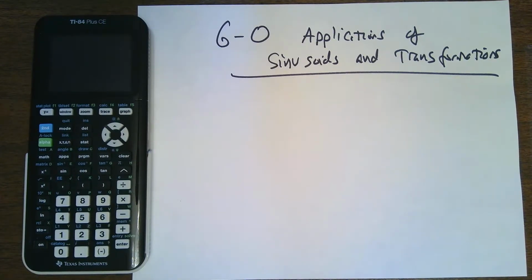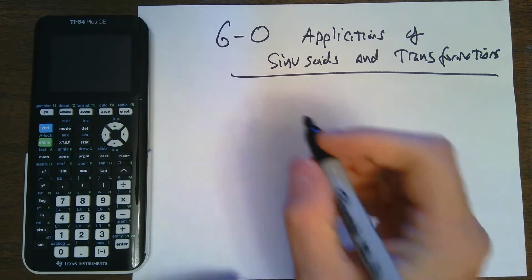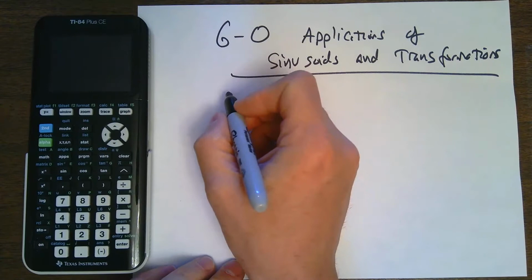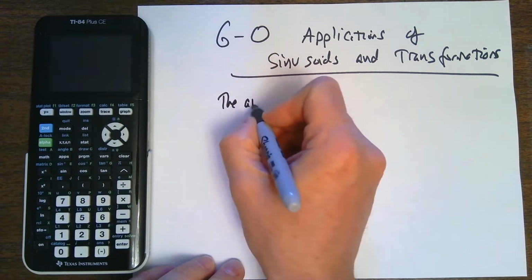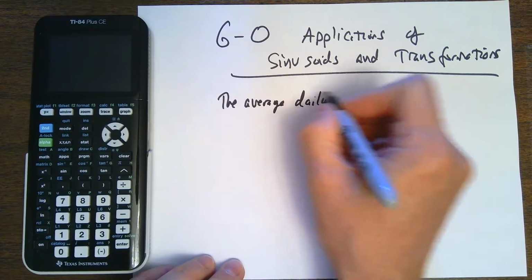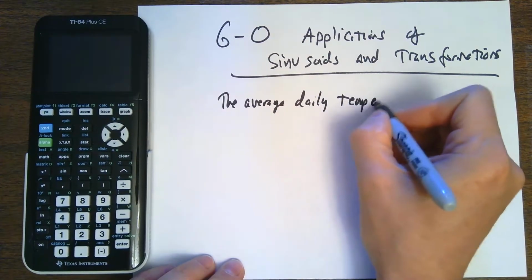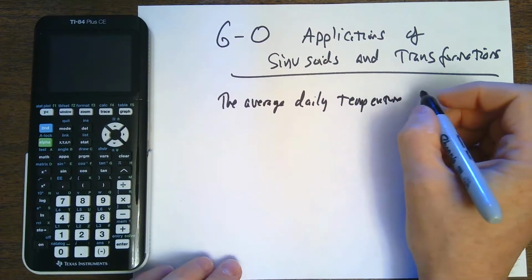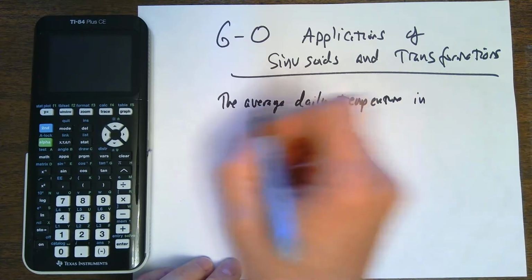So for the first application, I'm going to give you a sinusoid. The following sinusoid represents the average daily temperature in Fairbanks, Alaska.